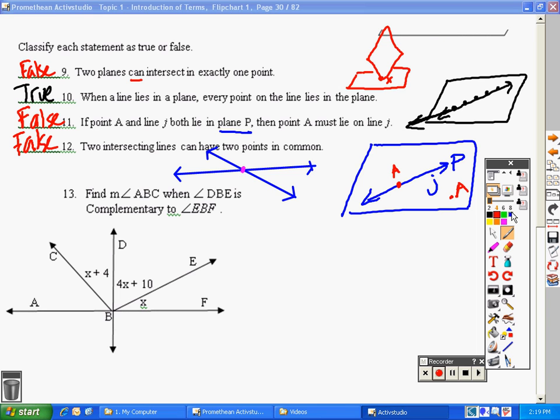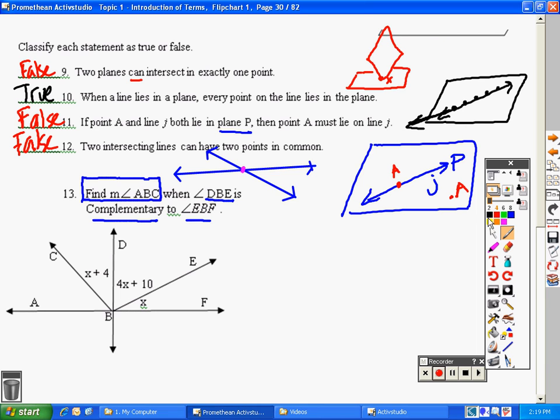All right, moving on to 13. This is going to allow us to demonstrate our angle addition property, or our angle addition postulate. We want to find the measure of angle ABC. So that's going to be my final answer, the measure of ABC. And we want to do it when DBE is complementary to EBF.